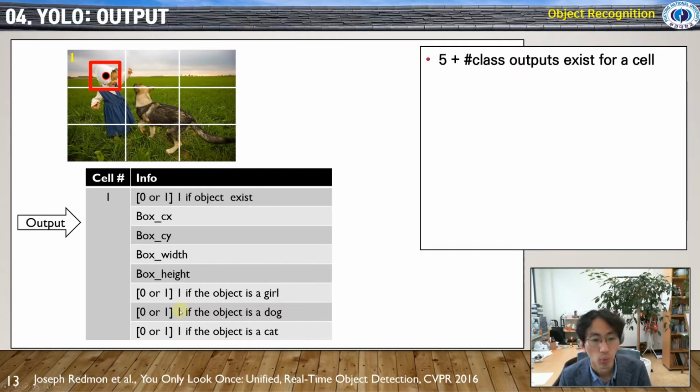If this is 1, then the object is a dog, and if this is 1, then the object is a cat. So in the inferencing phase, this could be 0.5 or 0.667 or something like that. But during the training phase, for the target data, this is going to be 0 or 1. Okay.